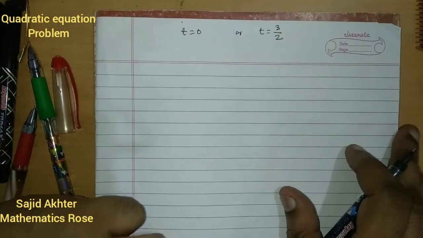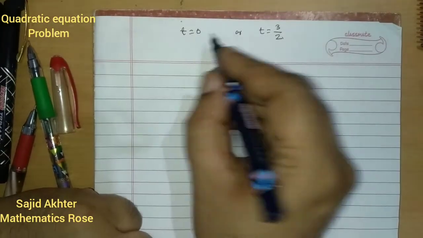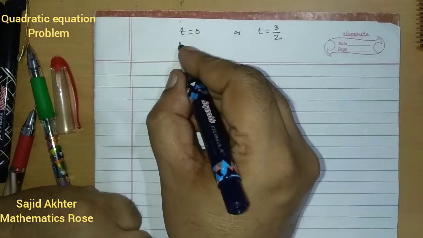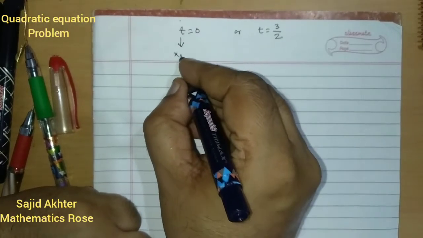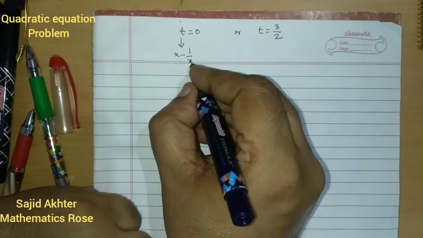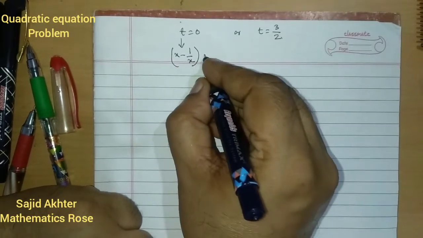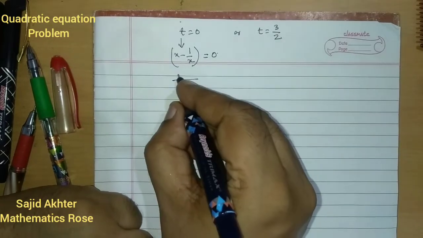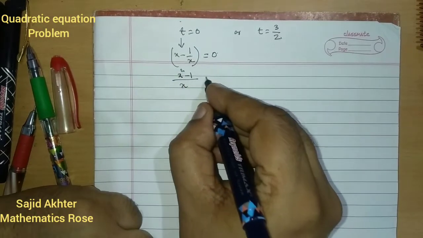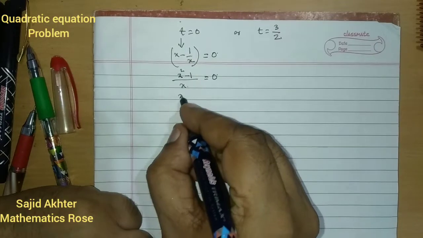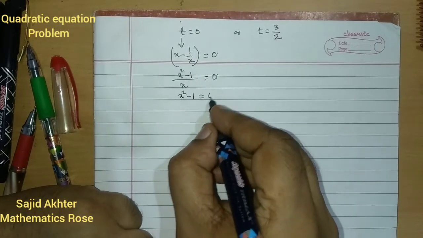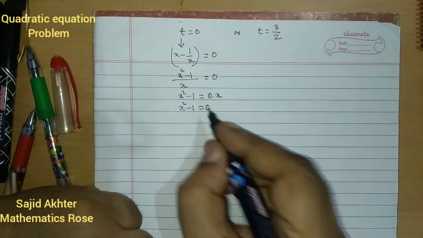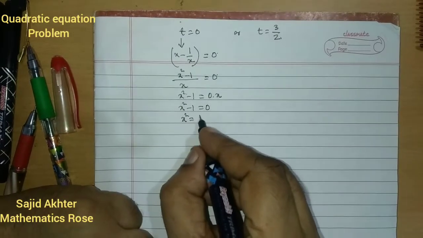So now we will proceed. Here one t is equal to 0, and another t is equal to 3 by 2. In place of t we can write x minus 1 by x, and this is equal to 0. Take the LCM x, so it is x square minus 1 is equal to 0, so x square is equal to 1.